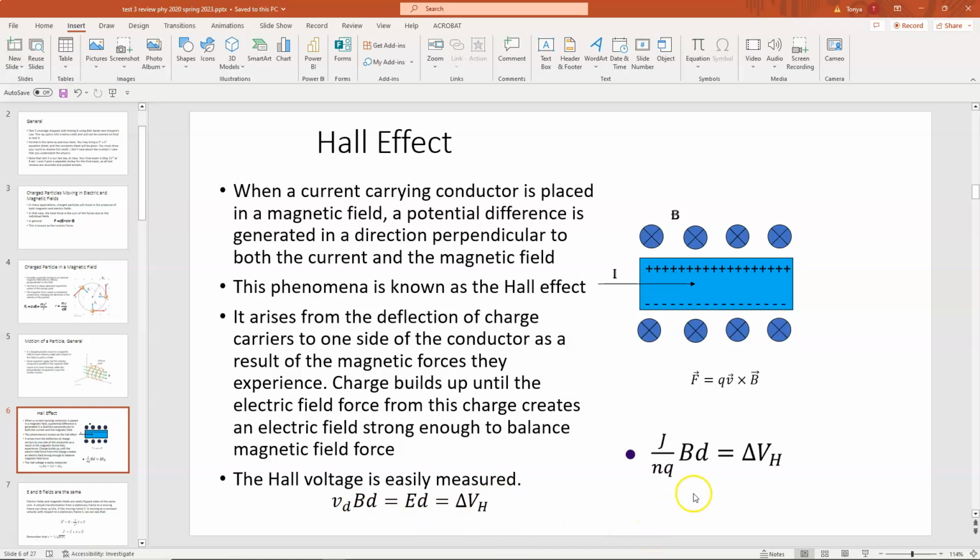You can also get this equation for the Hall voltage: V_H = JBd/(nq), where J is the current density, n is the charge carrier density, q is the charge on the charge carrier, B is your magnetic field, and d is the width of your Hall probe.